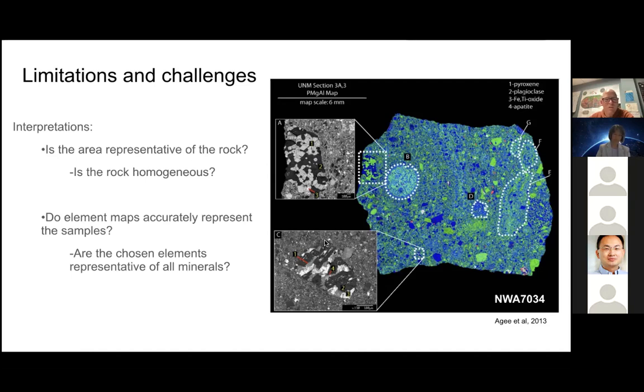One of the challenges that's inherent in what I mentioned is we have to make assumptions, based on examining our specimens, to say that the slice of rock that we use to make the analytical specimen is representative of the rock, and we have to be able to determine that that rock is indeed homogeneous.